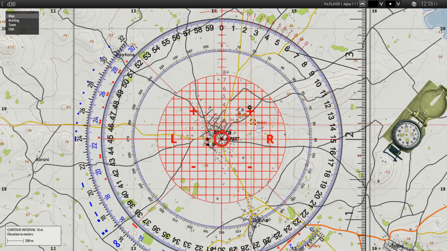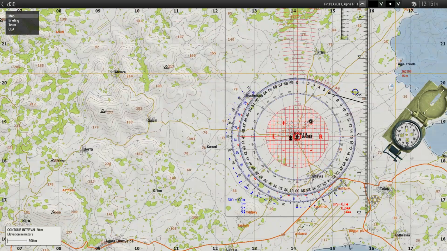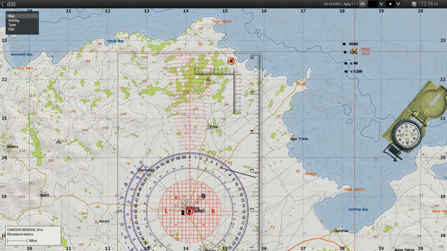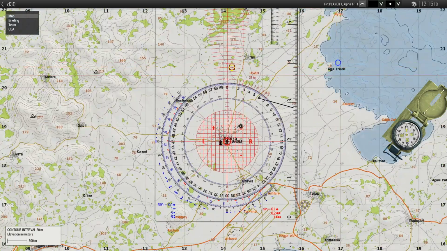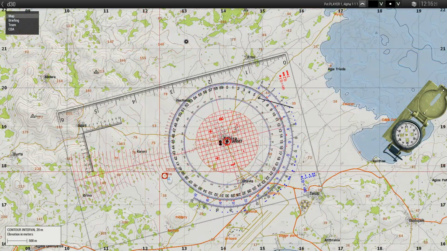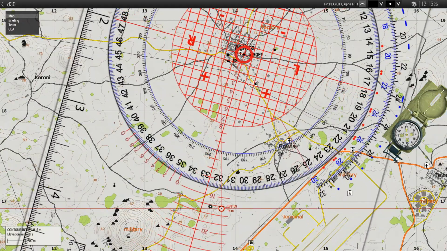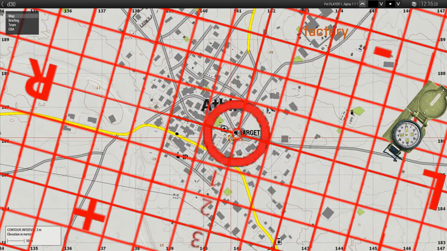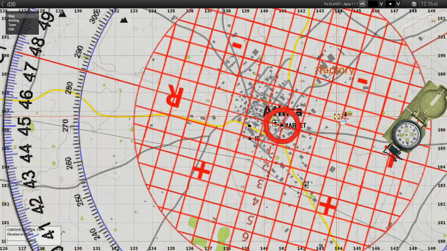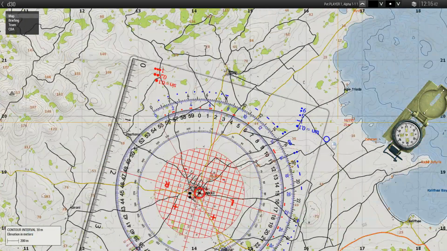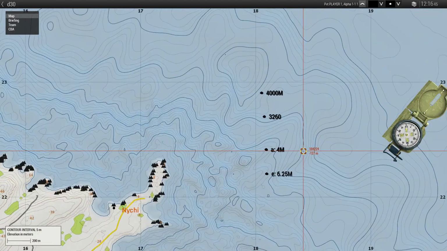Why is it important? Because I know that my azimuth was 3260. So I rotate my gun into 3260, and you see that from my perspective I need to change horizontally minus 150 meters.